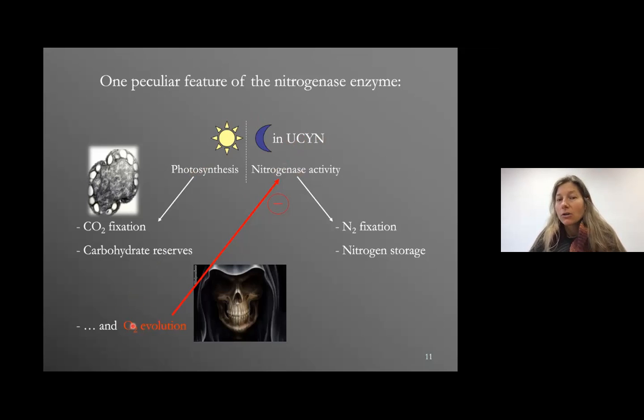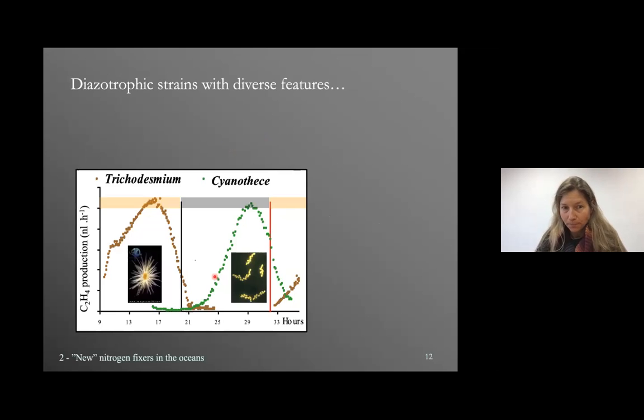And they respire a lot to get rid of this extra oxygen. So it's something that they have to handle, and it can lead to extra energy expenditure, in particular to get rid of all this oxygen.